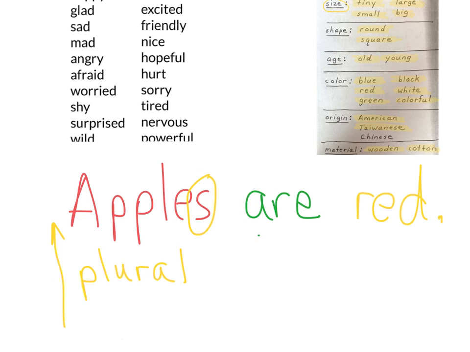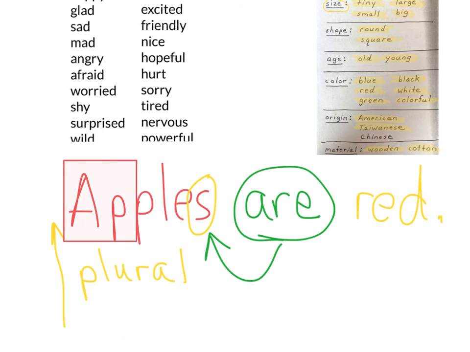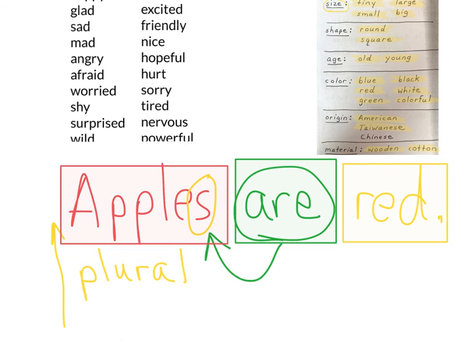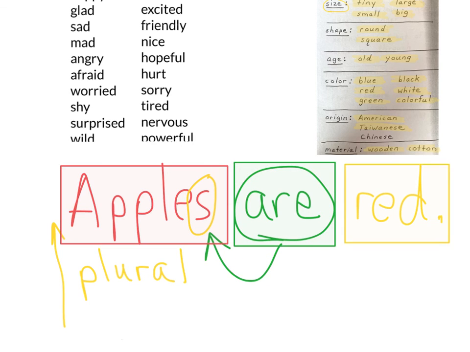I use are because this is more than one. So this here tells me my subject and then my verb and then an adjective. So in this sentence I have a noun, is or are, and then an adjective that tells me what kind this is.